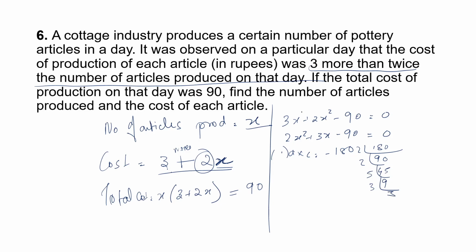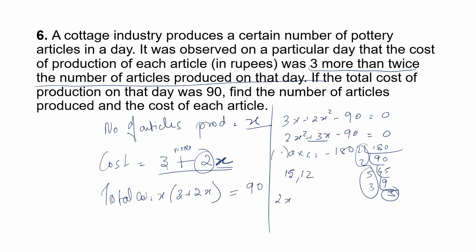Now we have to get the middle term as plus 3x. So what can be the factors? We can take this group, like 15 and 12.